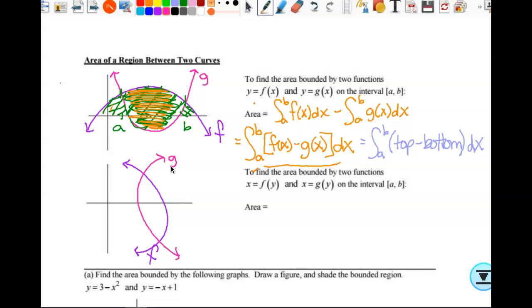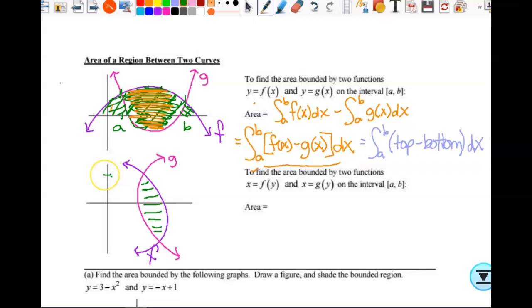And I won't do all the weird shading this time. I want the area that's bounded between them. So x is a function of y, which means we're integrating and finding the area between the functions along the y-axis.